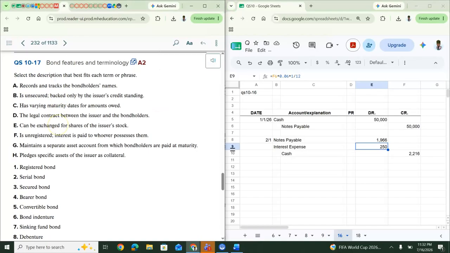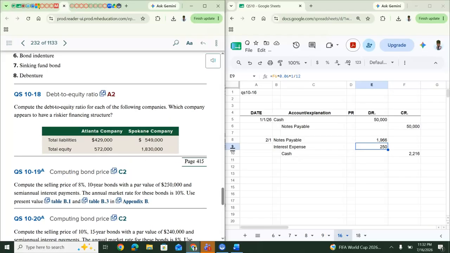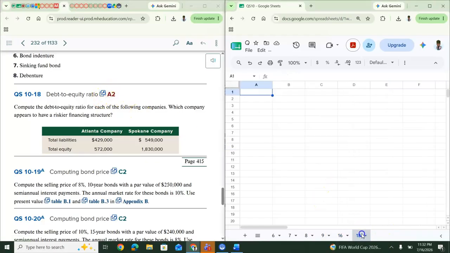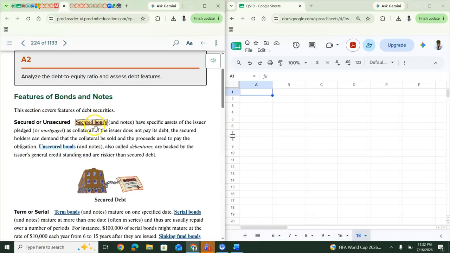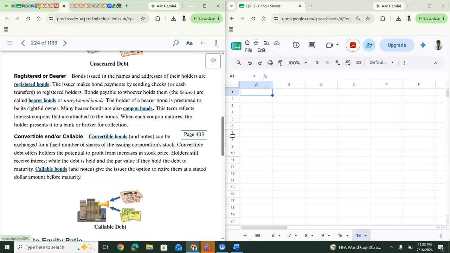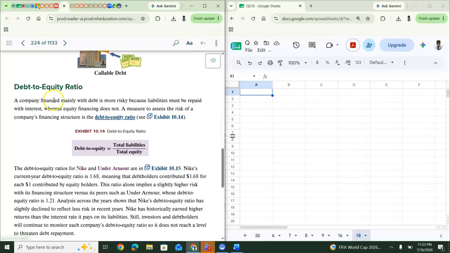The last one that you were requested to do is 18, which is again a ratio, and as always you go to that page, and so I'm going to go ahead and click on 18, and I'm going to go to that link to the textbook. It's going to take me to the topic of my debt to equity.